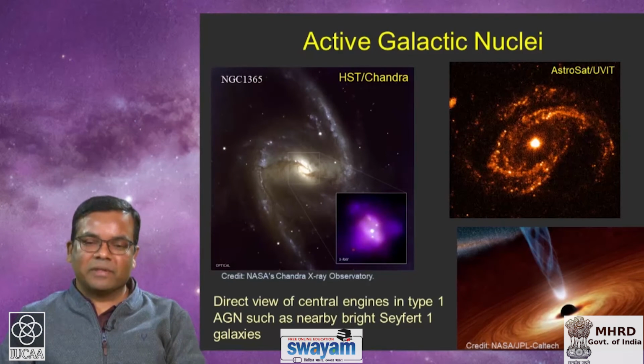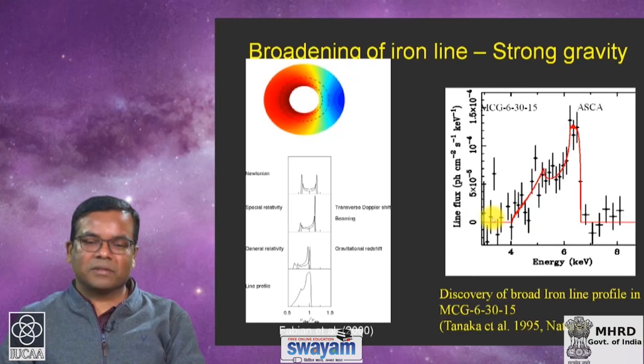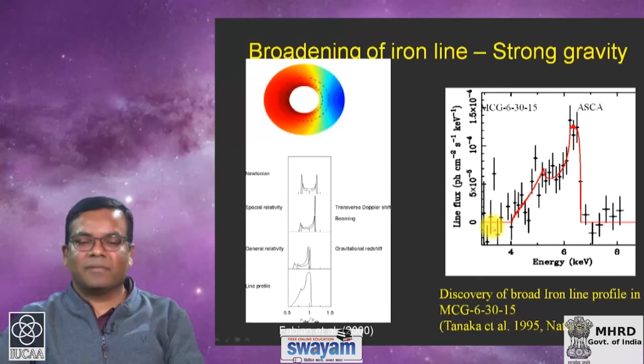These active galactic nuclei are very strong sources of X-ray radiation, and the X-ray radiation in these objects arises from very close to the central supermassive black holes. Therefore, X-rays become a very important tool to study the strong gravity near the central supermassive black holes. And there are observational signatures which allow us to study the strong gravity near the central supermassive black hole.